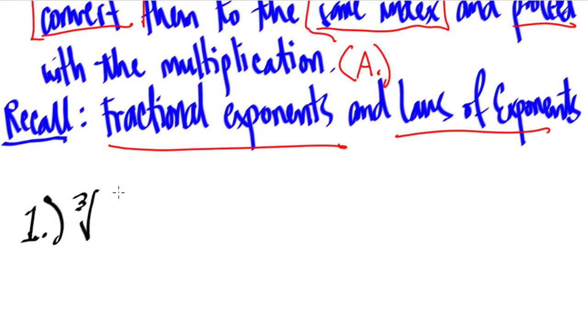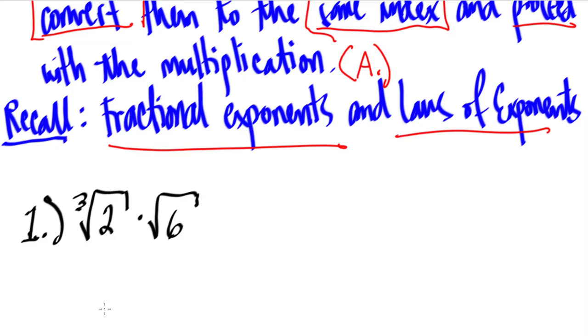Cube root of 2 times square root of 6. Okay, so that's our first example. Let me write down the other examples down below so that it will be ready when we go down. Okay, that's enough for now. Let's go and answer this problem.